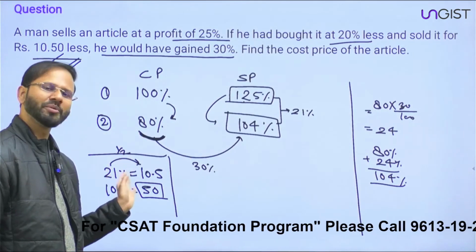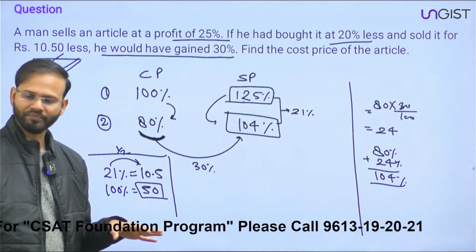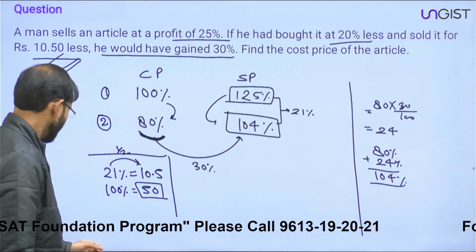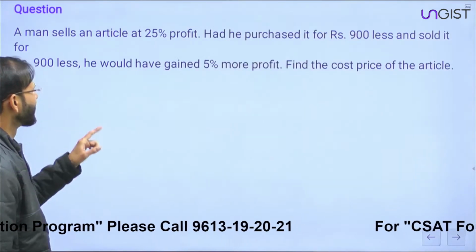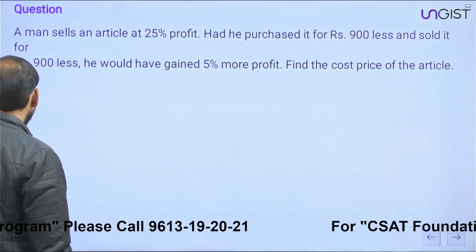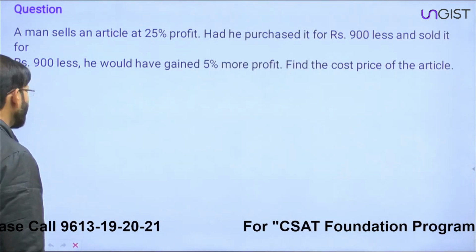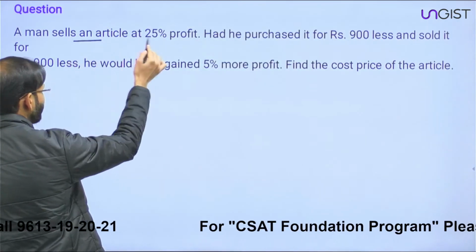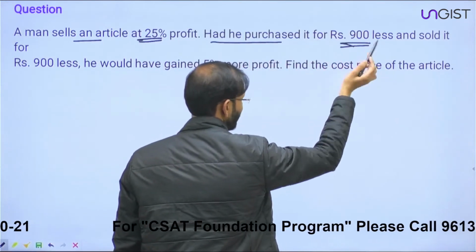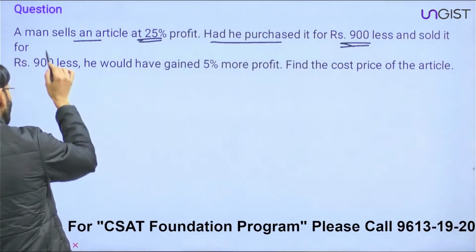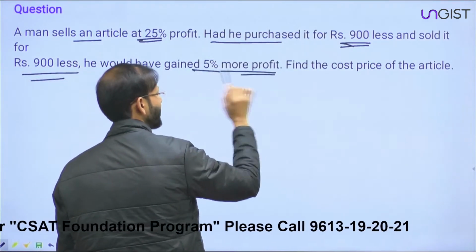क्वेश्चन। नेक्स्ट क्वेश्चन भी मैं थोड़ा सा ऐसे ही रखूंगा, राइट। यू जस्ट हैव टू थिंक लॉजिकली, ठीक है। उसको भी थोड़ा ऐसे ही करेंगे। जरा मुझे बताइए, सोच के देखिएगा जरा, क्वेश्चन पढ़िए, इसको ठीक से पढ़िएगा। लिखा हुआ है अ मैन सेल्स एन आर्टिकल एट 25% प्रॉफिट। Had he purchased it for ₹900 less and sold it for ₹900 less, he would have gained 5% more profit.